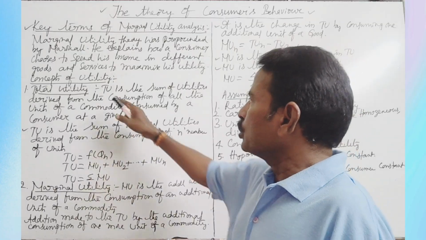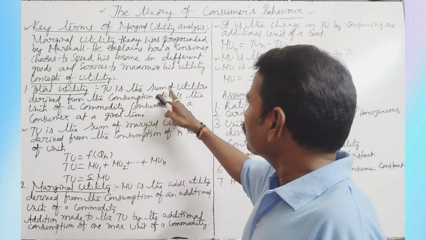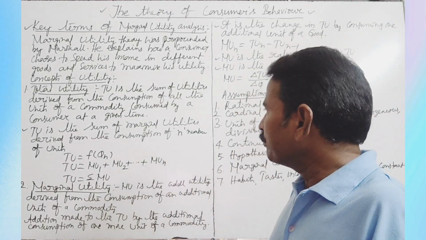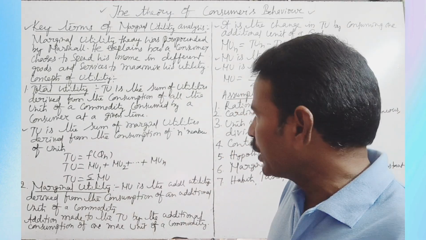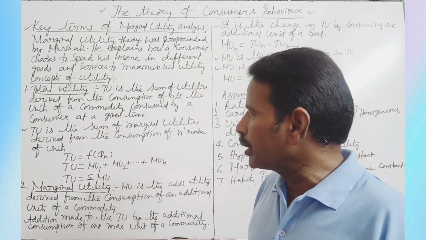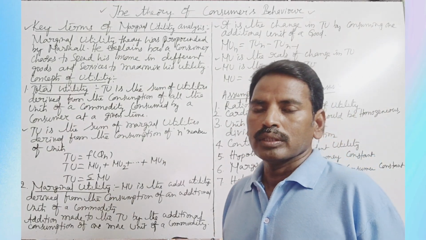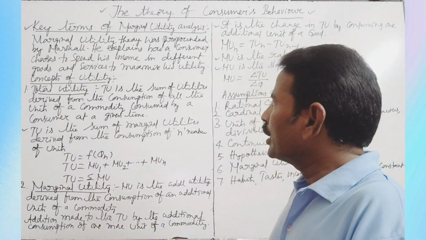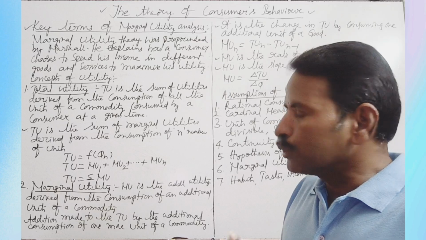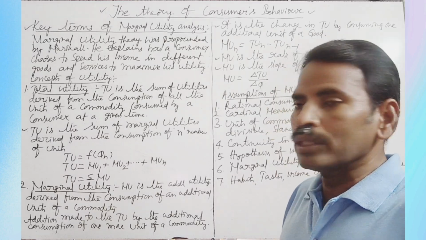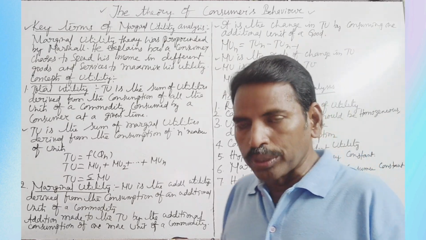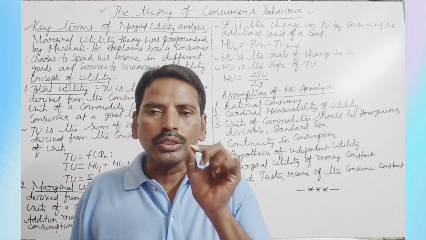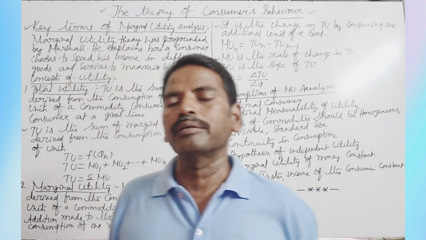Total utility is the sum total of utilities derived from the consumption of all the units of a commodity consumed by a consumer at a given time. This is known as total utility.